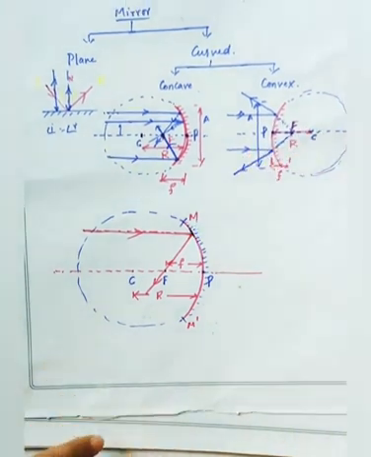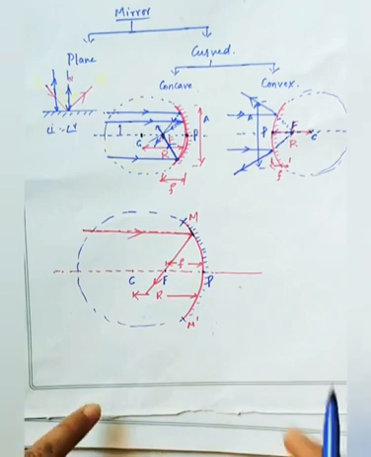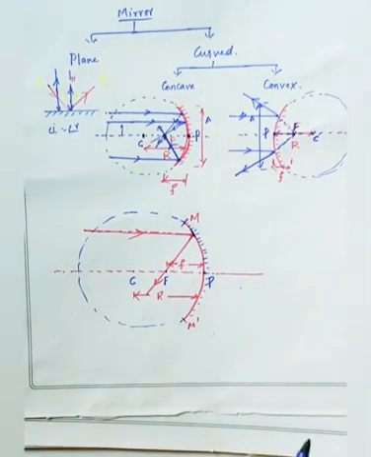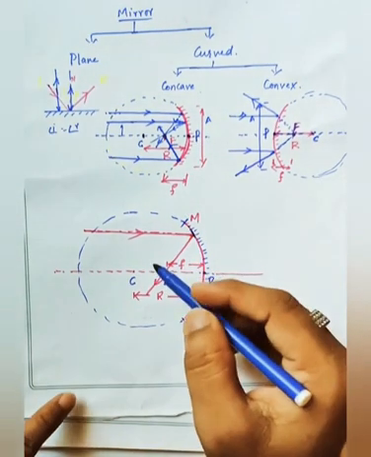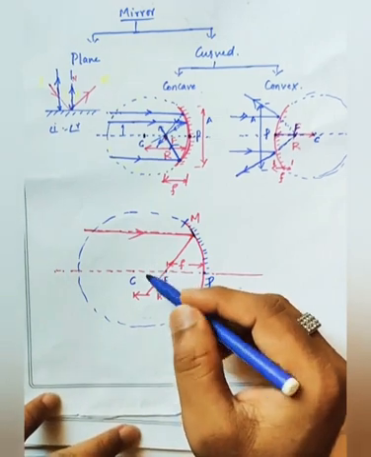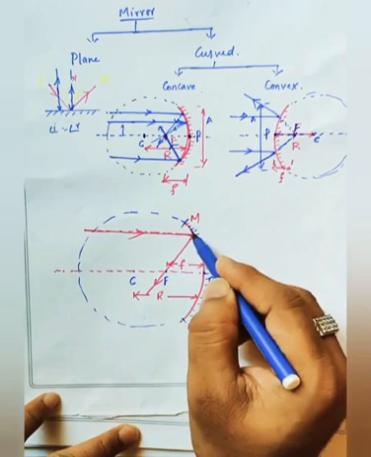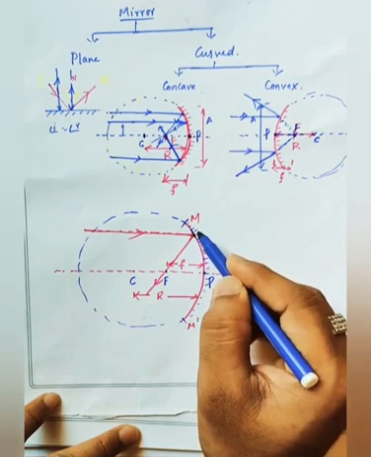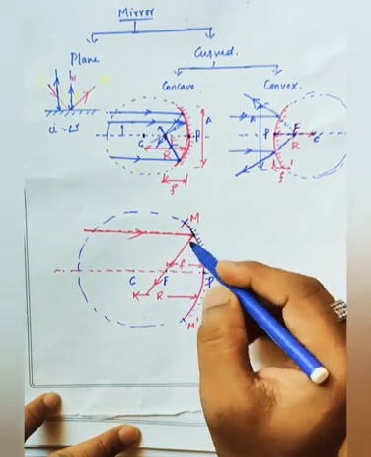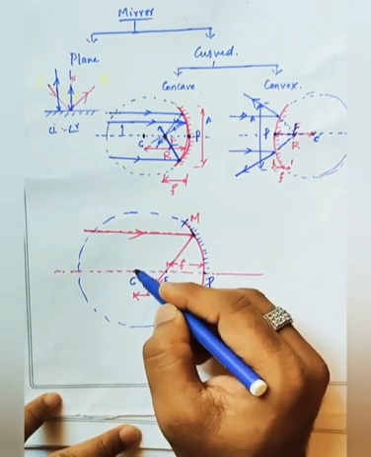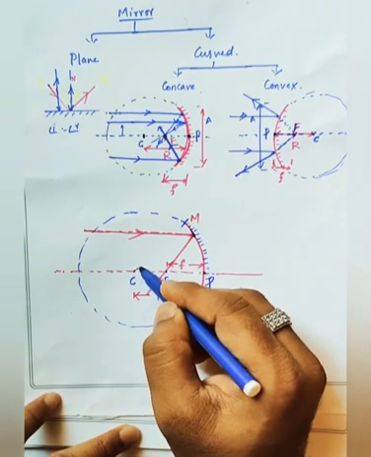So how to draw the perpendicular or normal for the spherical surface? It is very easy: always draw a line joining the point on the spherical surface to the center of curvature.